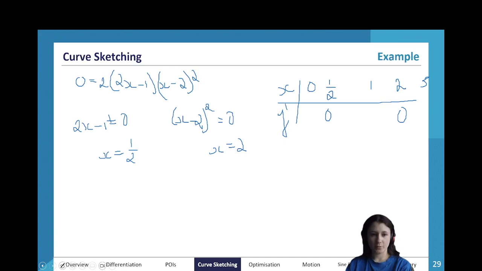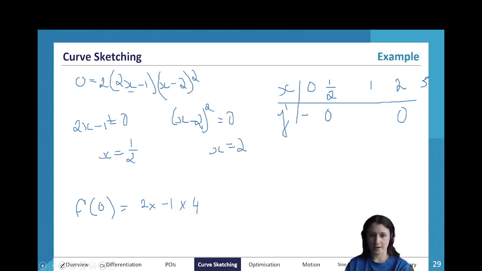At 0, what is the value of our derivative going to be? We're going to have 2 times 0, so times negative 1, times negative 2 squared.